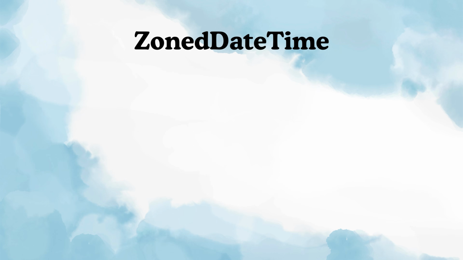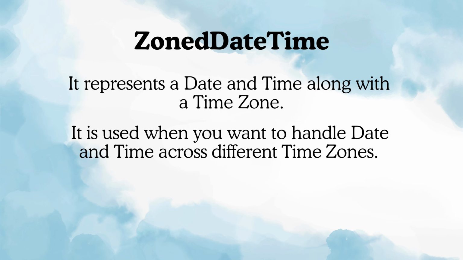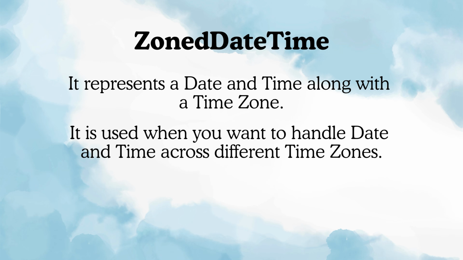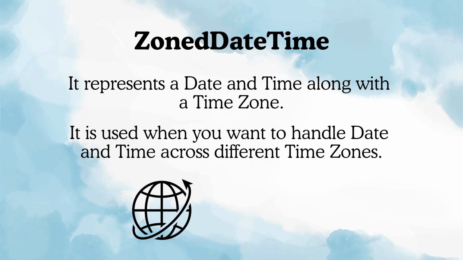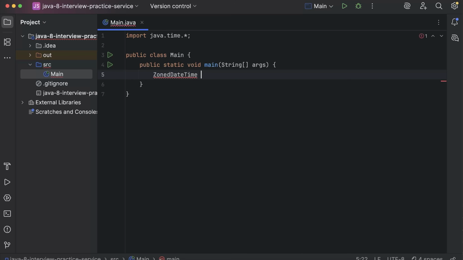Now we have another very important class inside this package, ZonedDateTime. ZonedDateTime represents a date and a time along with a time zone. It is used when you want to handle date and time across different time zones, like scheduling events globally or working with users in different regions. So I can just simply use this class ZonedDateTime.